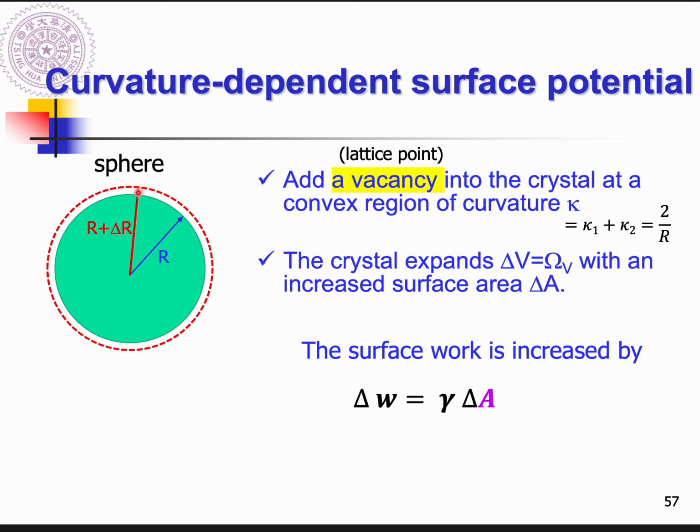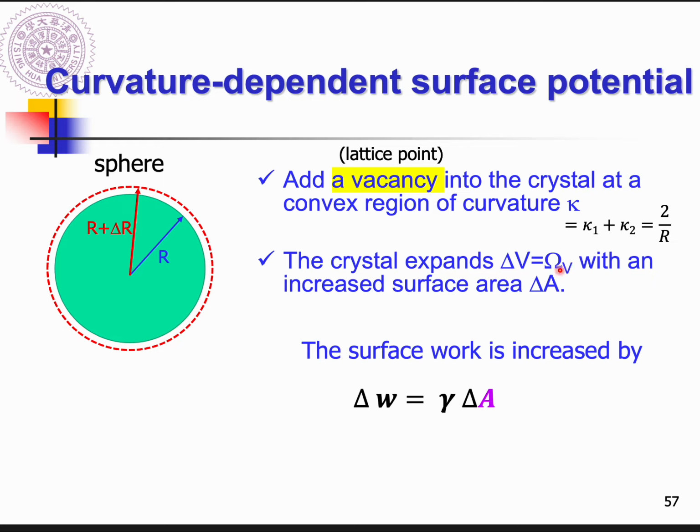Okay? And because we added an empty lattice point, or a vacancy, to this crystal, you can expect the crystal to expand by delta V, which is the average atomic volume, or average vacancy volume. Omega V actually is the same as omega A, right?